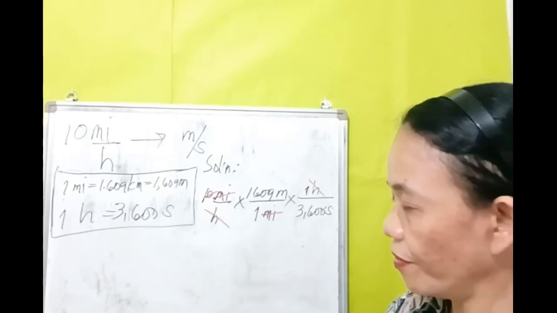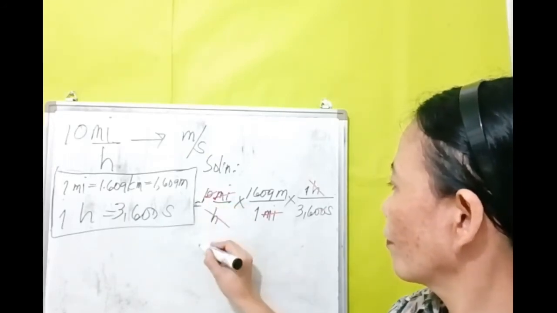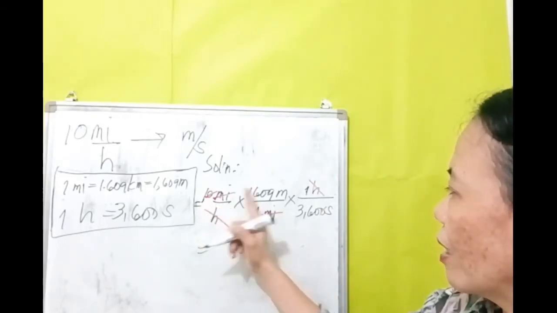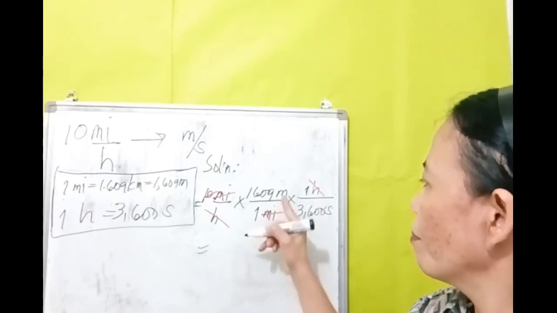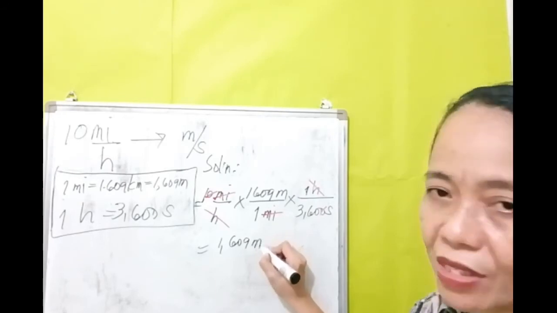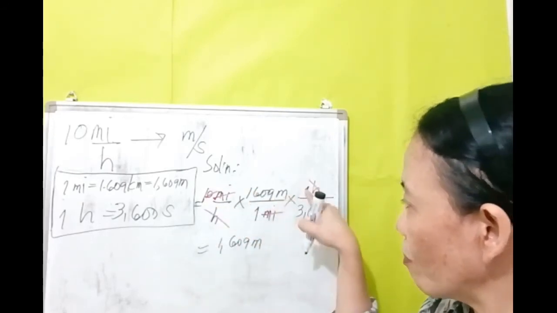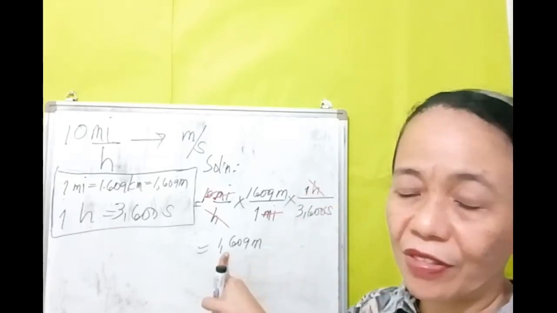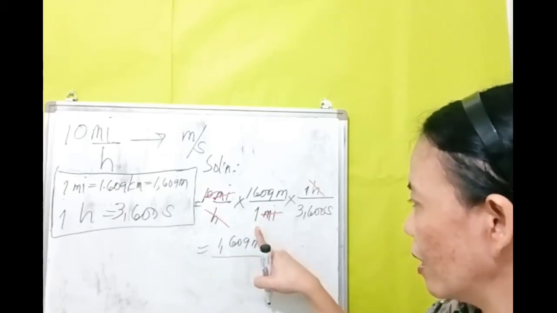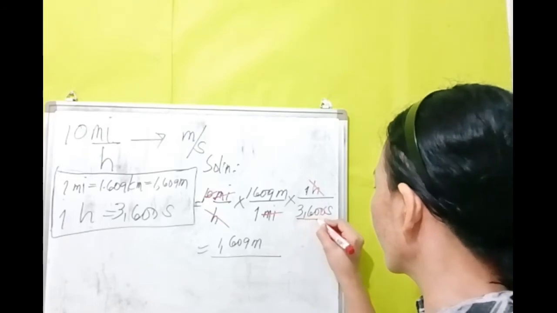Okay, so we have 1 times 1609 meters times 1 is 1609 meters, divided by 1 times 1 times 360 seconds.